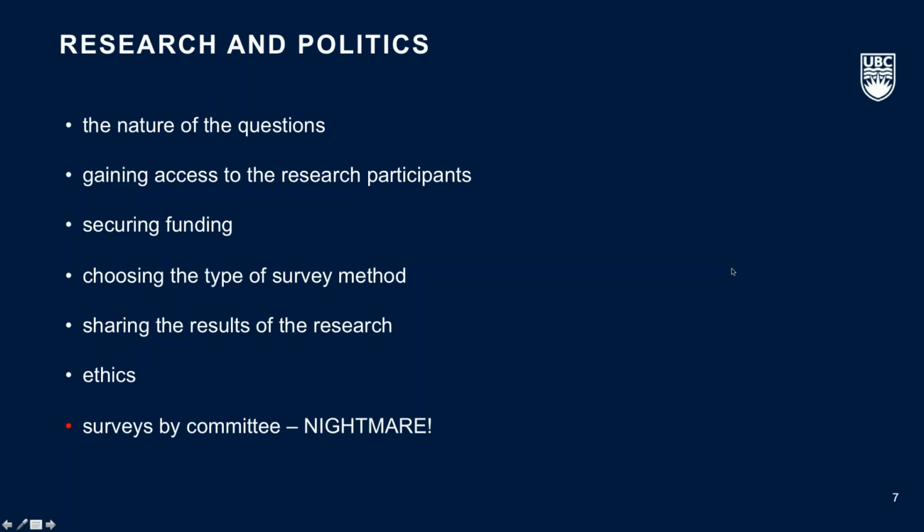I have one example of a survey done at my university where there were several stakeholders at the table, and the survey had ended up being this piecemeal product with one or two pet questions by each person around the table. And I think it actually started out as a library survey, but that wasn't the end product.